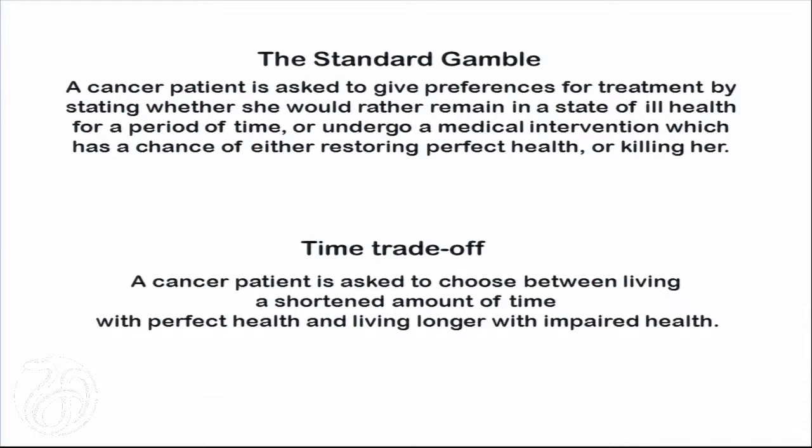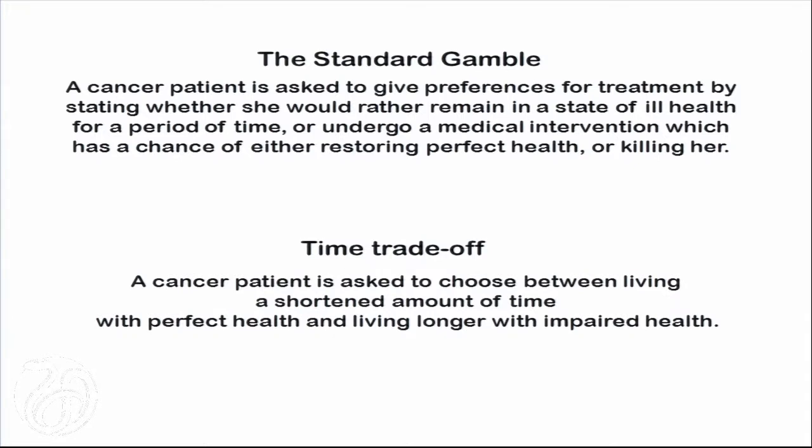Cancer patients may be confronted with the standard gamble. This was a concept to help patients and clinicians talk about preferences in care. A cancer patient is asked to give preferences for treatment by stating whether she would rather remain in a state of ill health for a period of time or undergo a medical intervention which has a chance of either restoring perfect health or killing her.